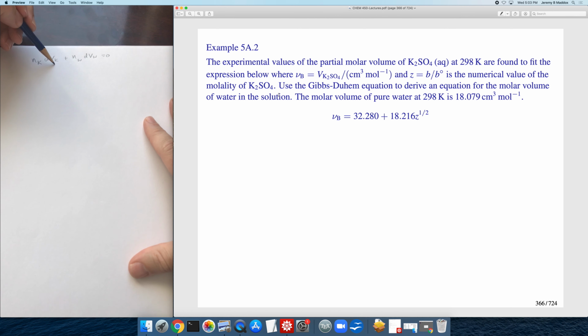Now, essentially what this problem has done is it's giving us a formula for the partial molar volume of the potassium sulfate, and it's asking us to find the formula for the partial molar volume of the water. So we're going to rearrange this equation and solve for the partial molar volume of the water, or at least its differential.